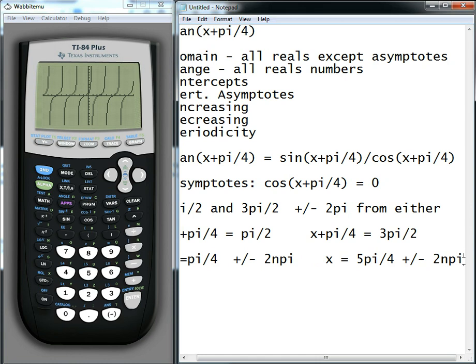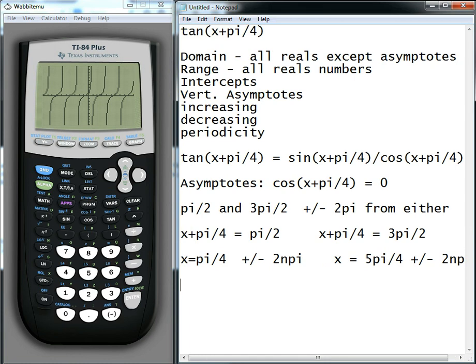Now, for the intercepts, that's when the top is equal to 0. So that's when this sine is equal to 0. So we do the same thing we just did, except now we set the sine of x plus pi over 4 equal to 0. And we solve it this way. Now if you look at your unit circle, sine is the y value, so that would be the far left and the far right of your circle.